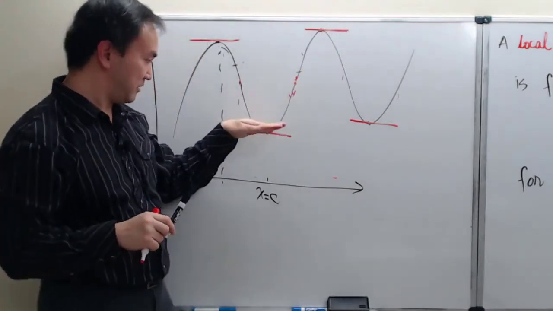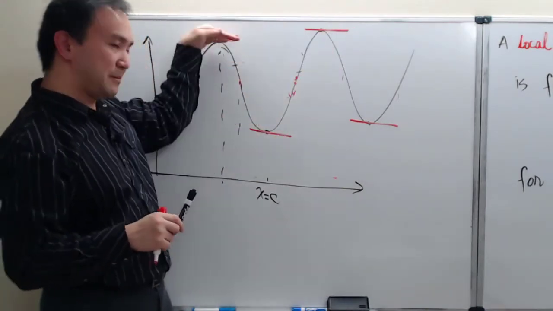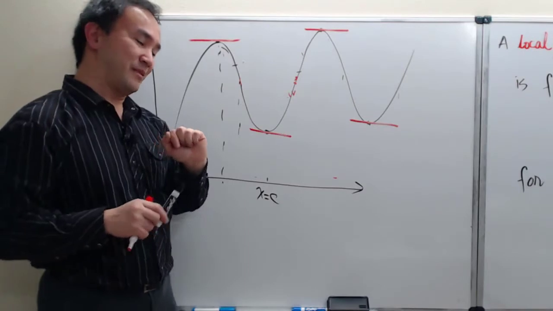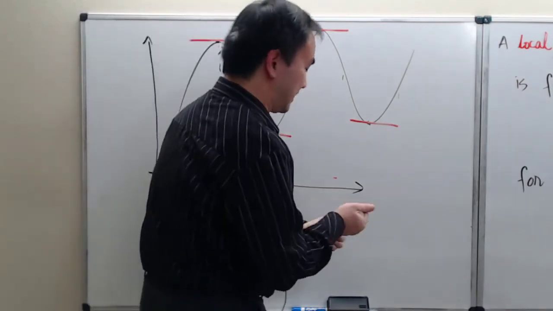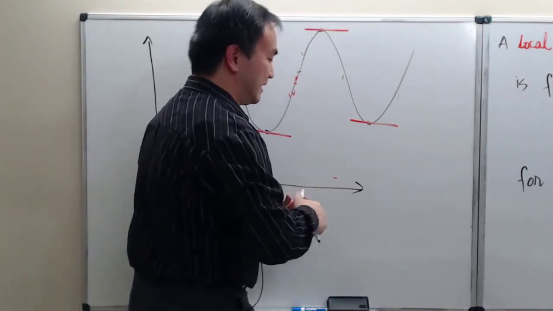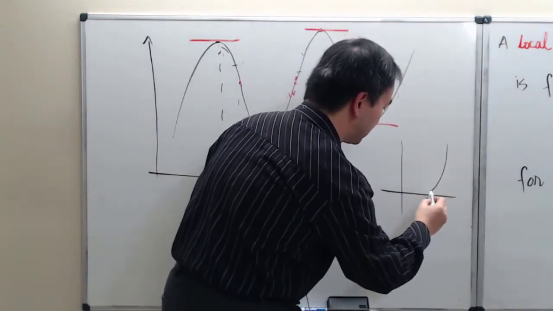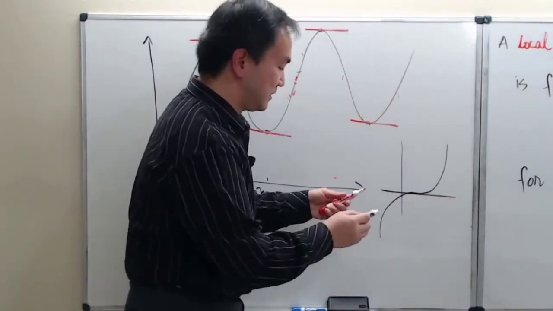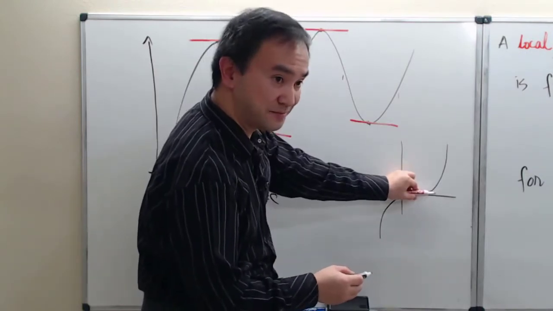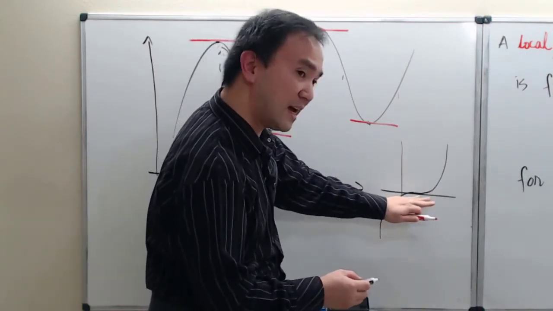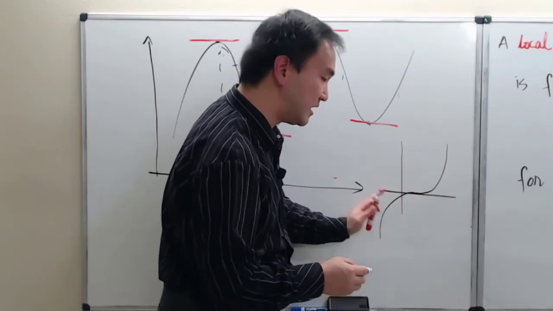Nope. See, horizontal tangent line, but it could be a maximum or minimum. It could even be something like this. It didn't happen in our graph yet, but we can have a graph in a waterfall shape like this. The tangent can be horizontal right there, but a point like that is neither a maximum nor a minimum.